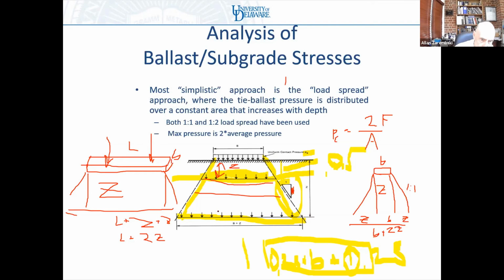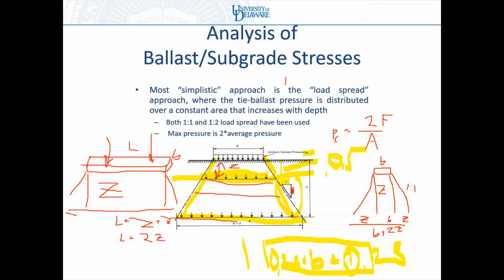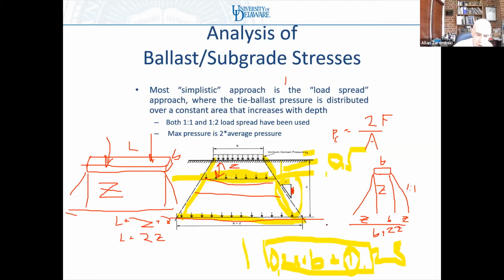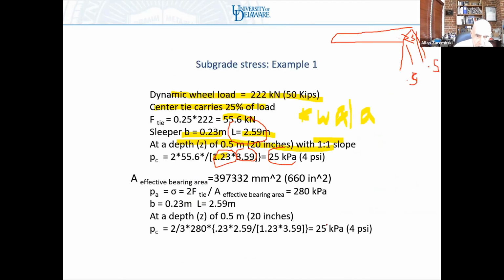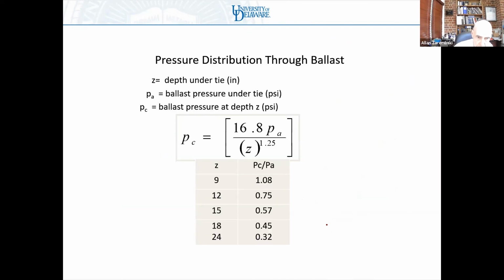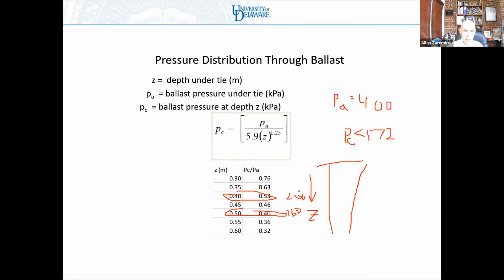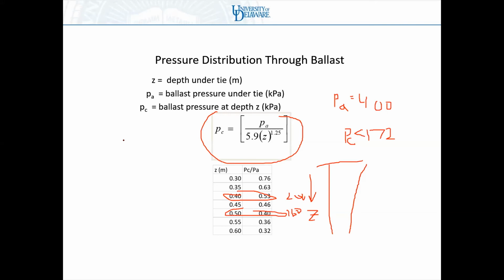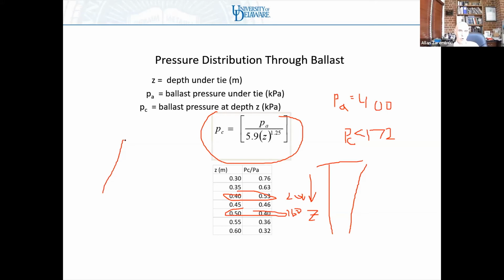No, of course it's not the same, but the formula is the same. Yes. Because this formula is the distribution of pressure through the ballast. Okay. And typically the way you usually do this formula.